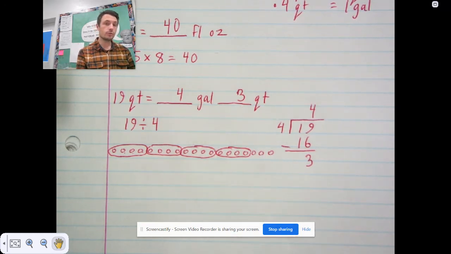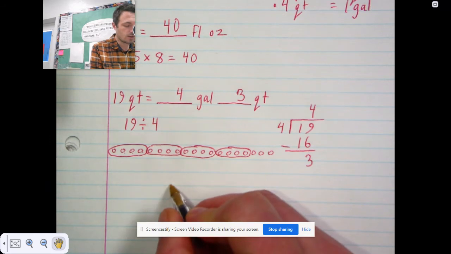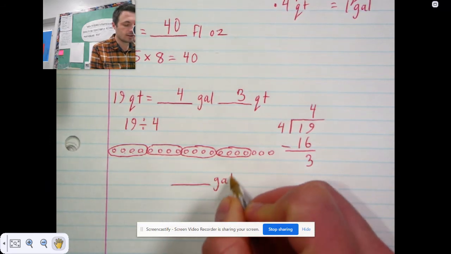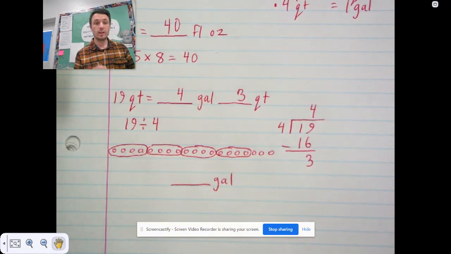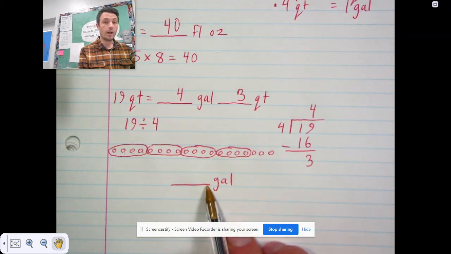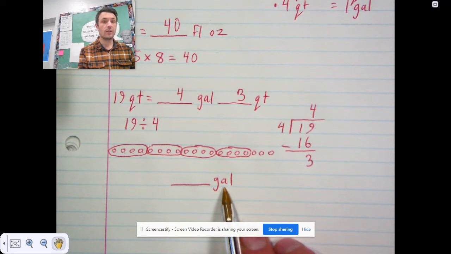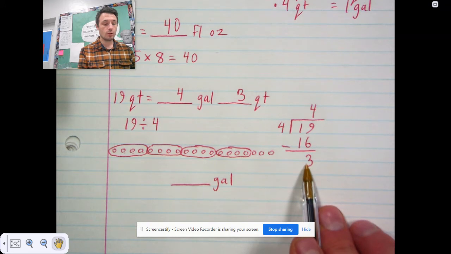Now you could also write this answer in just gallons, but then you'll have a mixed number. So if it asked for the answer in just gallons, but not quarts, we can do that too. When it asks for just one blank and it's only the larger unit that they want in the answer, if there's a remainder, you write that remainder as a fraction.